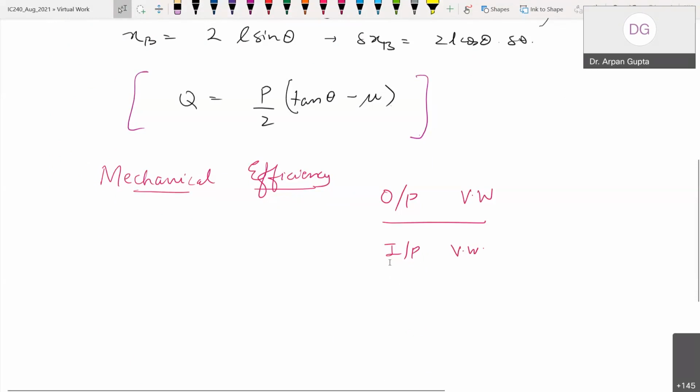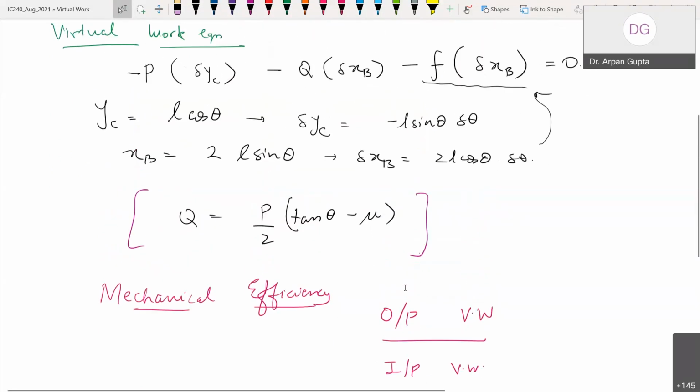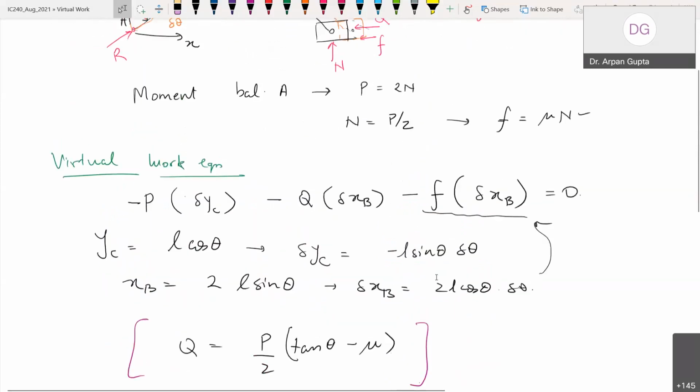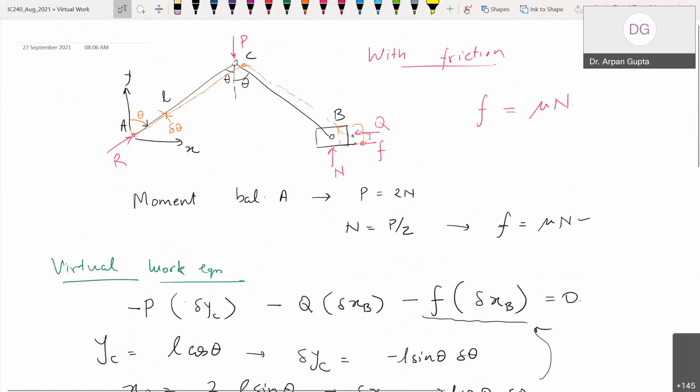Because again, things are stationary, they are not moving, but in terms of virtual work, we can do this calculation. In this case, the output is on the load or the stone, whatever we are placing here, and therefore the output force Q is doing the work.